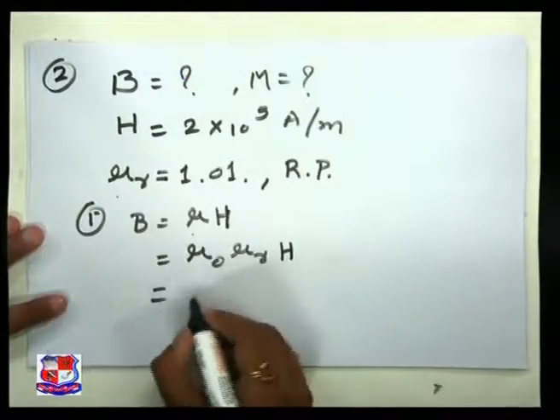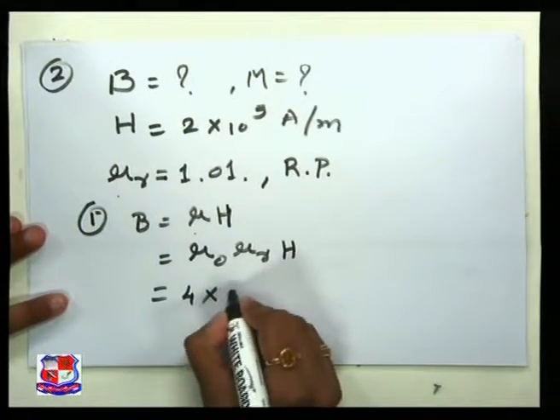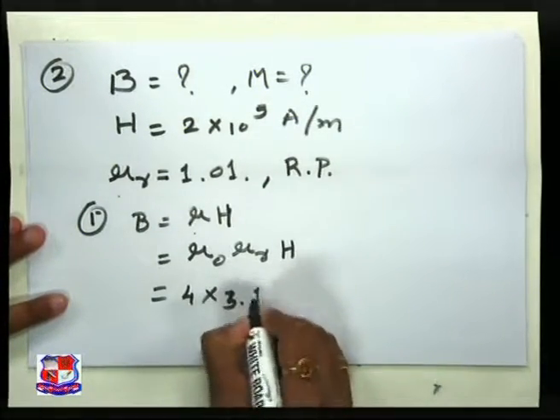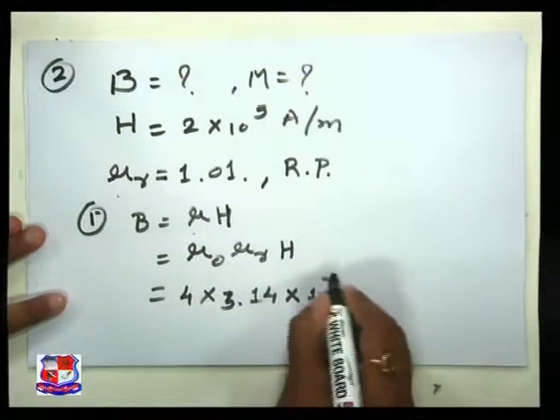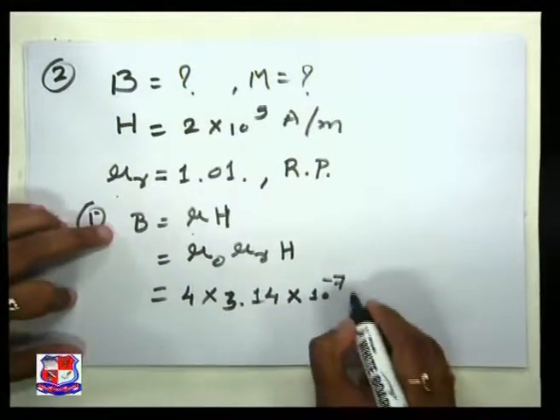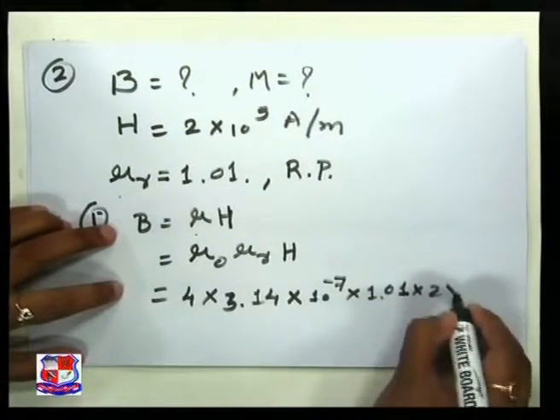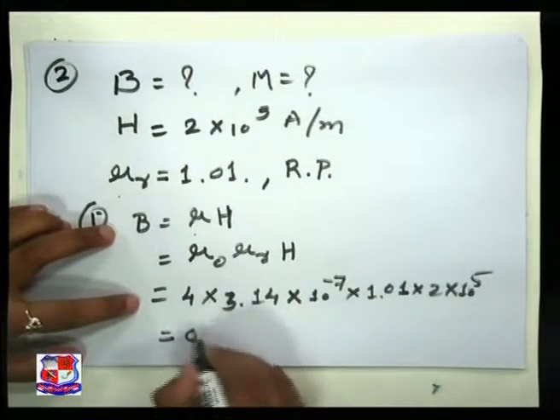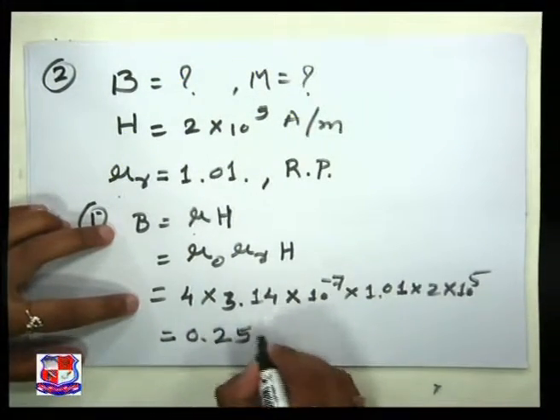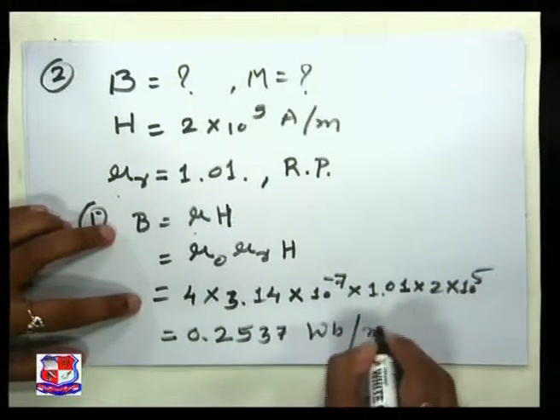So B is 4 into 3.14 into 10 raised to minus 7 into 1.01, the relative permeability, into 2 into 10 raised to 5. The answer is 0.2537 Weber per meter square.